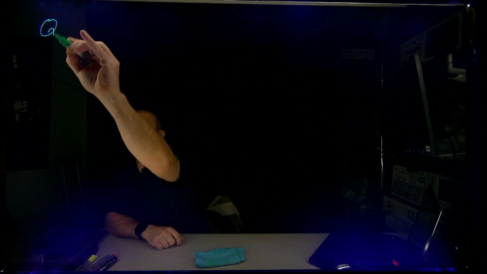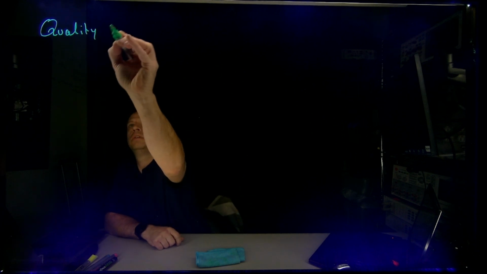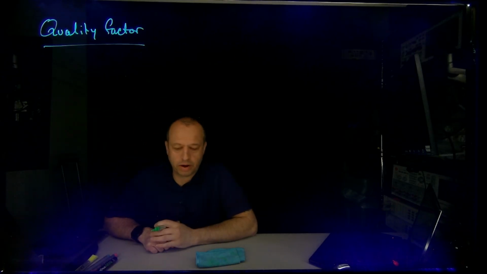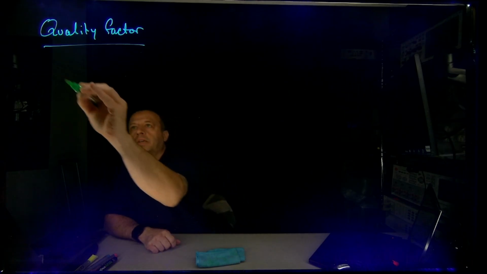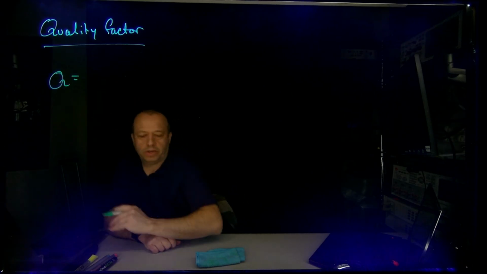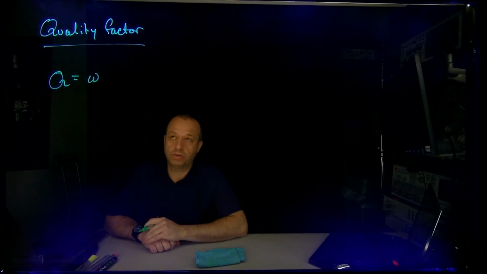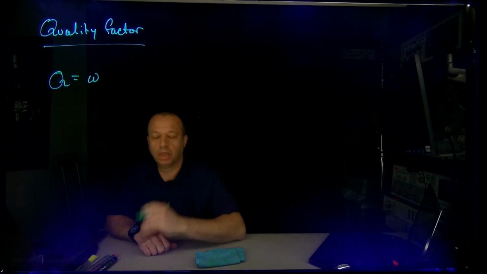So one of the things that we need to worry about, and that's used in microwave engineering in order to know whether you're getting anywhere close to what you need it to be, is this idea of a quality factor. Okay, now this is this Q term, and you'll see it in your textbook, and it has a frequency component in it, so it's a function of frequency.